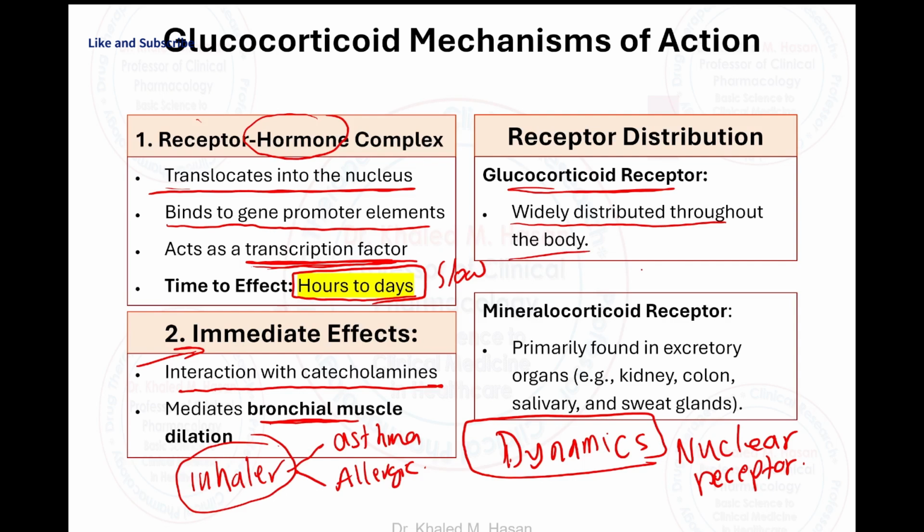They could be available in the brain, in the heart, in the GI system, endocrine glands. However, the mineralocorticoid receptor is normally restricted to the excretory organs such as the kidney, colon, salivary, and sweat glands. So the mineralocorticoid receptor is restricted to the excretory organs such as kidneys, colon, and sweat glands.